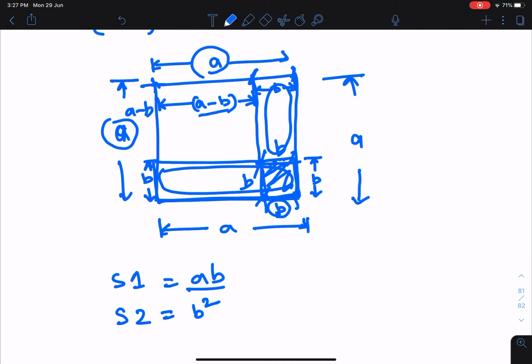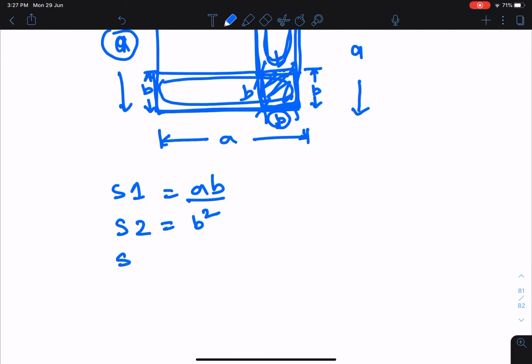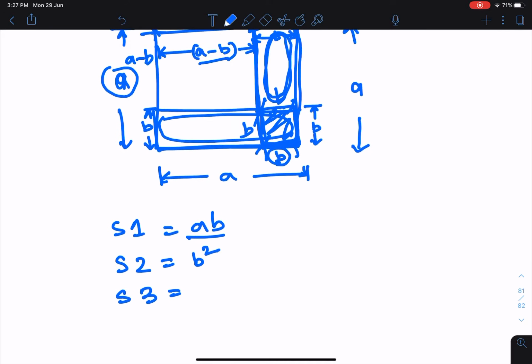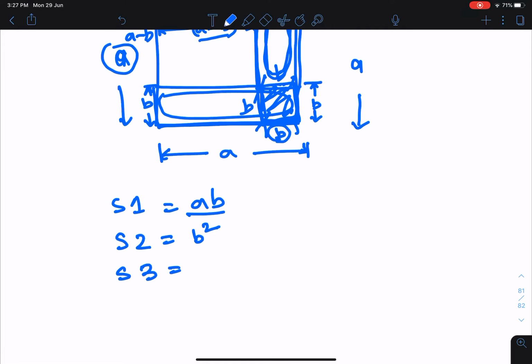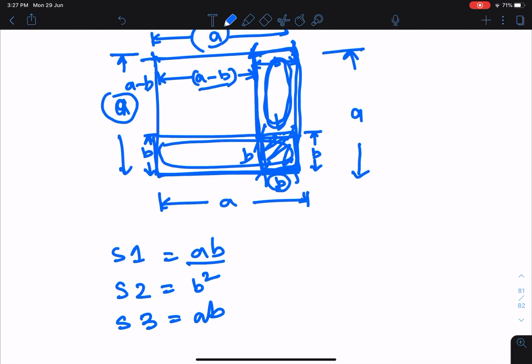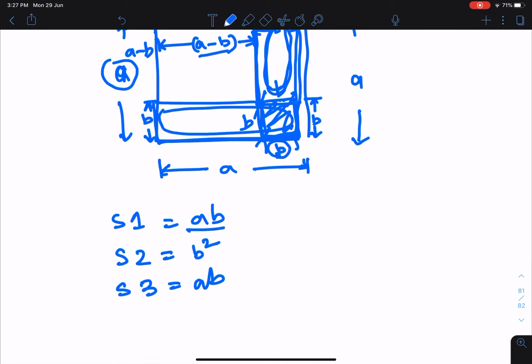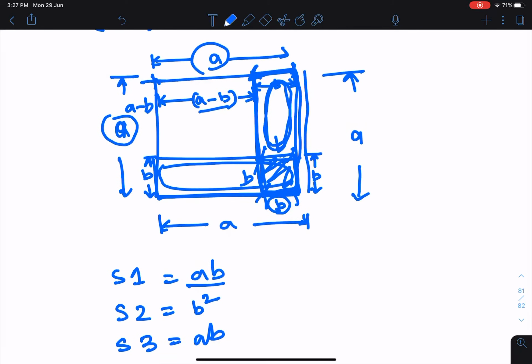Now we want to find out the area of this section. Now if we include this total thing, then the total area, we say it's S3, the total area will be my ab, right? Because one side is b, see this side is b and the total side is a, so we can write it as ab, but we need the area of only this section.